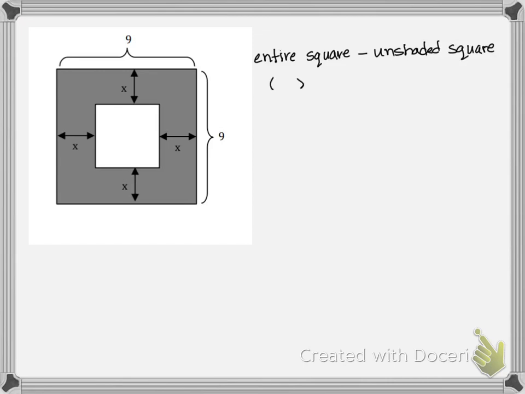So we need a length and a width minus length and width. So from here to here is 9. And from here to here is 9.